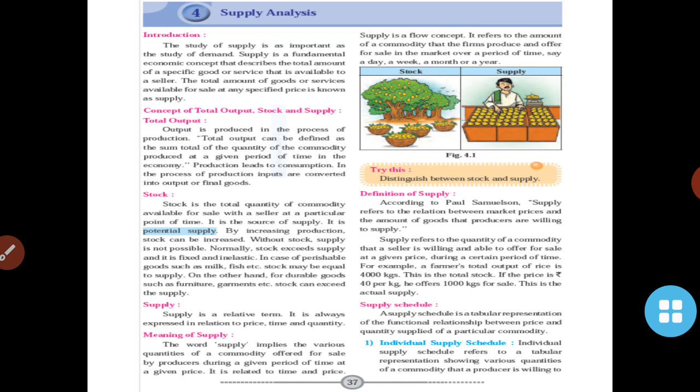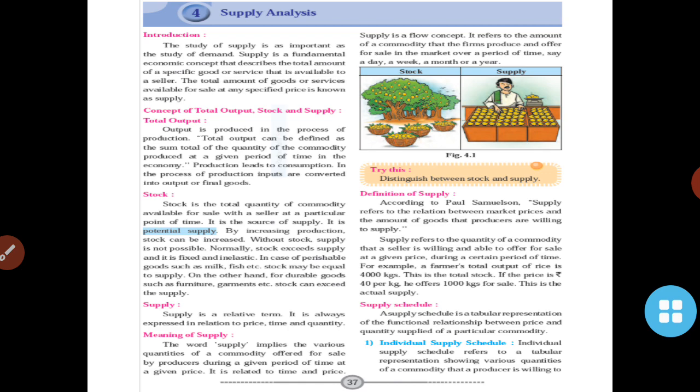So as I said before, without demand, supply cannot be done. By increasing production, stock can be increased, but without stock, supply is impossible. Normally stock exceeds supply.